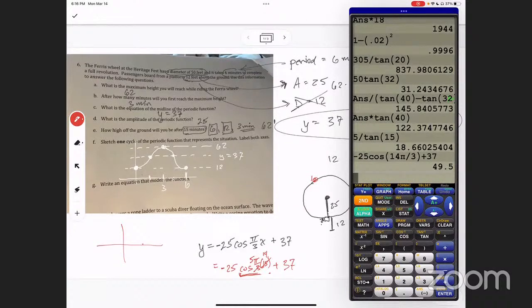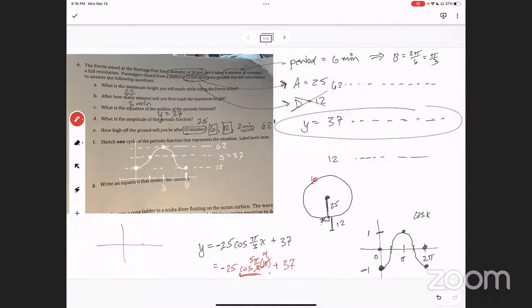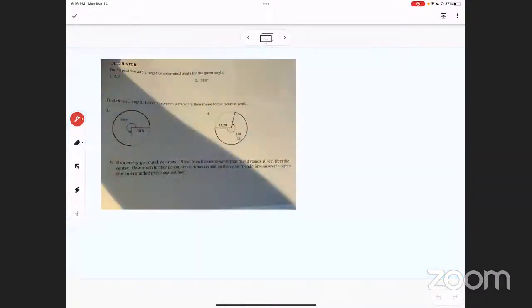Kind of right in between them. So yeah, good job. Perfect. Makes sense? So there's the equation for the model. I just wrote it right here. Okay. Good with all that stuff?